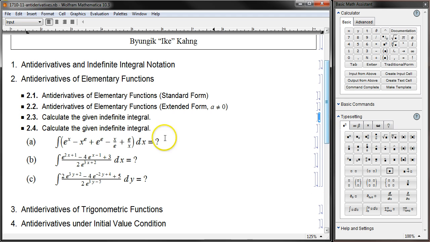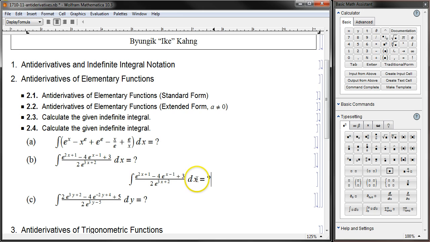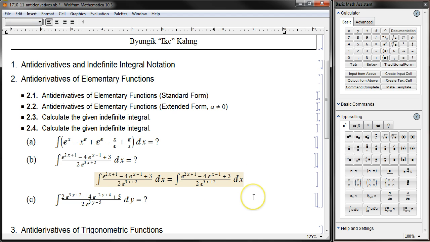Okay, that probably is better. And then let's discuss these kind of problems here. So let me remind you first of what we did last time. We can separate the numerator, right? We cannot separate the denominator, but we can separate the numerator.